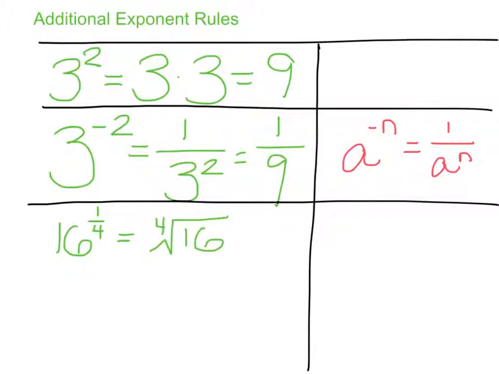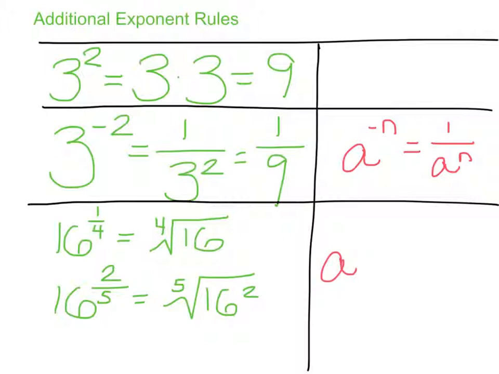More broadly, 16 to the 2/5 is the same thing as the 5th root of 16 squared. So that general rule looked like some constant a to the m over n, which is equal to the nth root of a to the m.